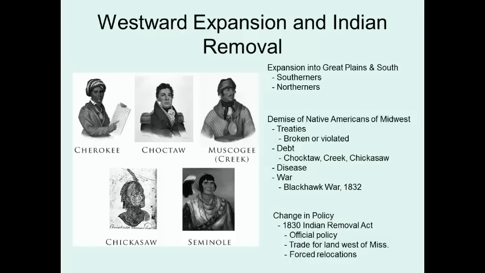So it's forced trading. And this will allow the federal government to forcibly remove the Indians to the west. So we're going to see forced relocations. And in response to this act, several tribes, such as the Creek tribe, are going to be forced to relocate.